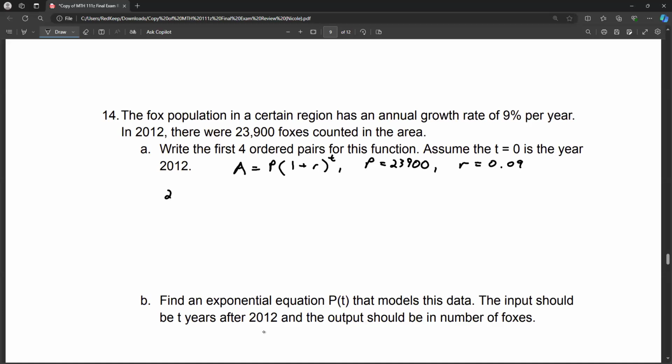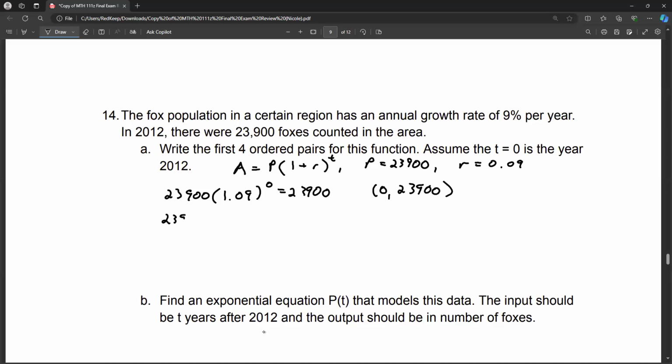So 23,900 times 1 plus 0.09, or just 1.09, raised to the power of 0 is equal to, with this exponent of 0, just 23,900. And so here the ordered pair is 0, comma, 23,900.